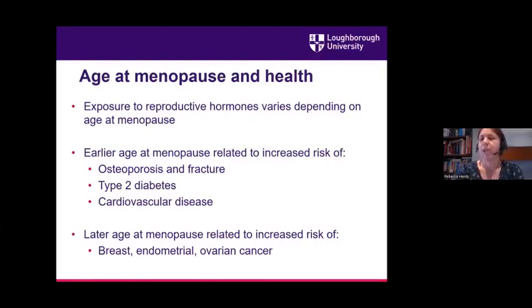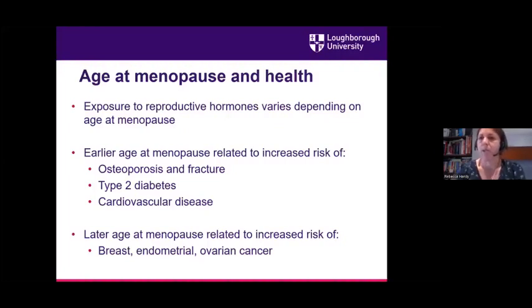influences health. There's been a huge amount of research looking at this, not all consistent, but in general, reviews of the evidence suggest that earlier age at menopause is related to an increased risk of osteoporosis and bone fracture, so poor bone health, and also to an increased risk of type 2 diabetes and cardiovascular disease.